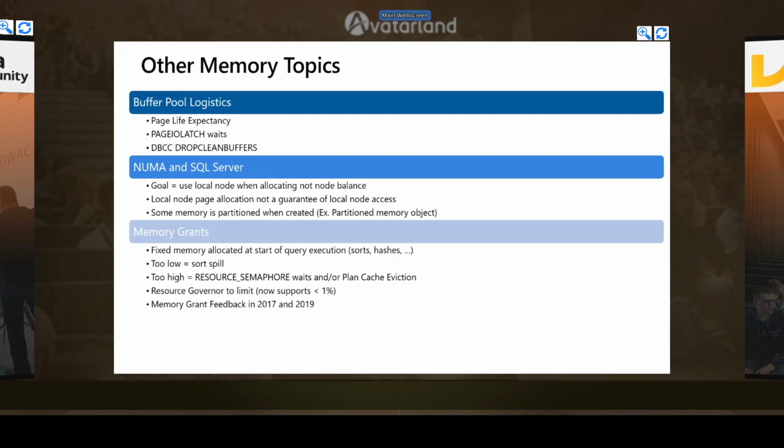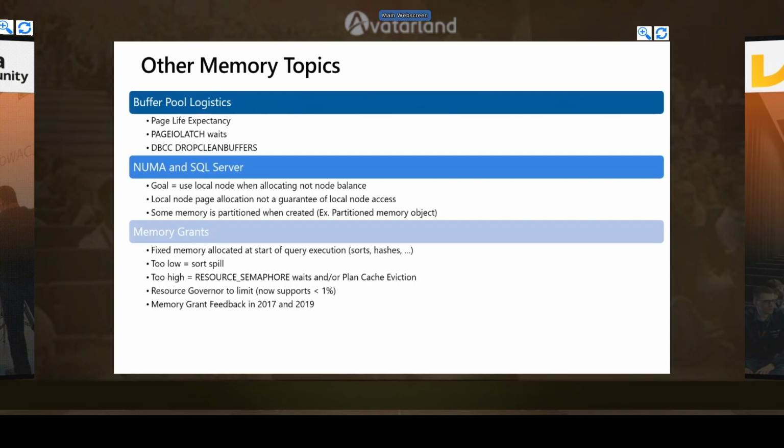Now, a lot of people, when they run into this problem, want to use Resource Governor, and it's important to know that for very large memory systems, we support a max grant value less than 1% now in 2019. So if you've got a 4 terabyte server and you need to set that memory grant limit to a low value, it used to be 1% was the lowest you could do, which for 4 terabytes is a lot of memory.